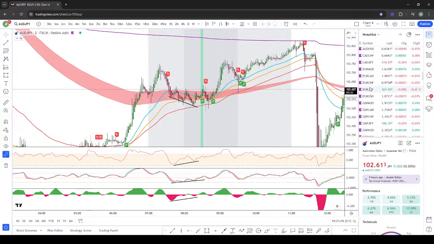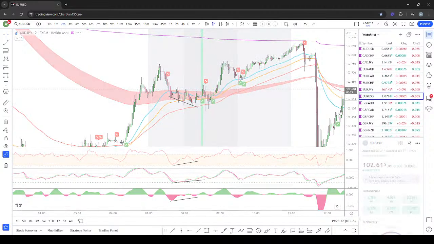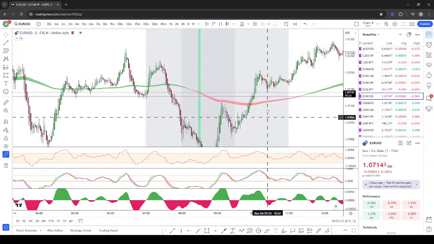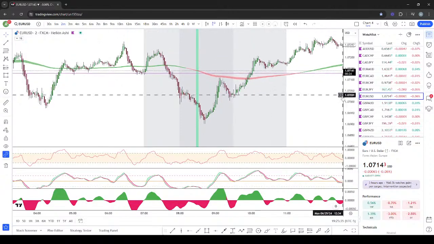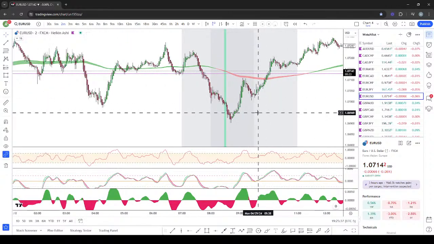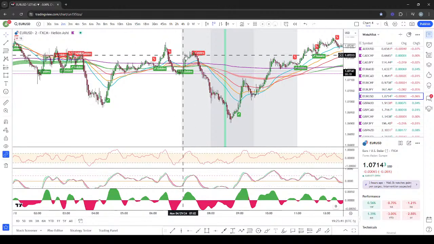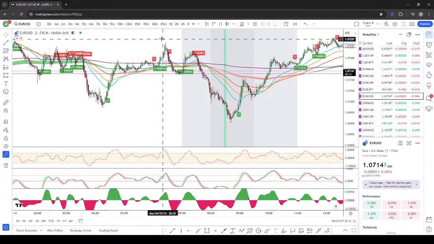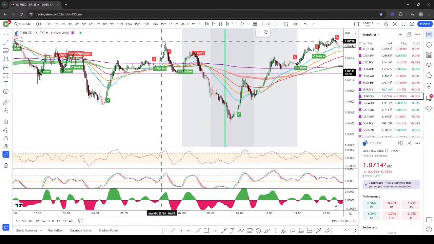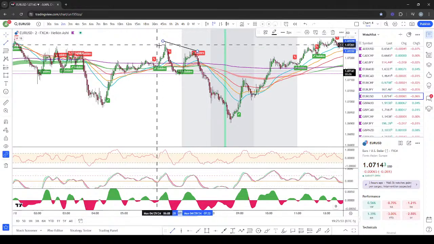Okay, another really popular one on here is Euro USD. Let's see what was happening in here. There seems to be a little bit more volatility in here. And coming into the clock hour, it's another area that I like to take some trades. So here you can see what's happening.